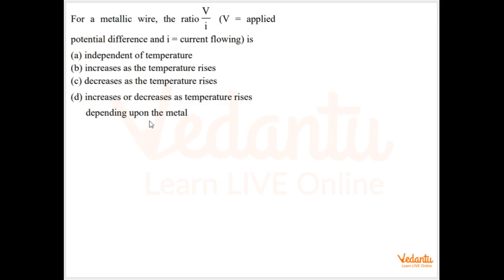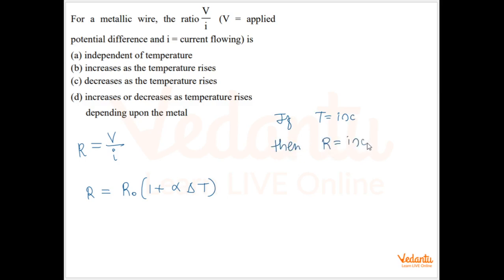So my dear bachcha log, you should know that for metals the ratio V by I is actually the resistance R. And beta, this resistance R is dependent on temperature according to the formula R is equal to R naught into 1 plus alpha delta T. Essentially, beta, if temperature increases, my dear bachcha log, then in that case the resistance also increases, which means beta that the ratio V by I is going to increase because V by I is same as R. So my dear bachcha log, option B will be the correct answer. The ratio increases as the temperature rises.